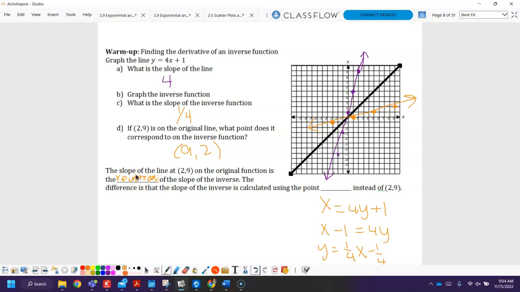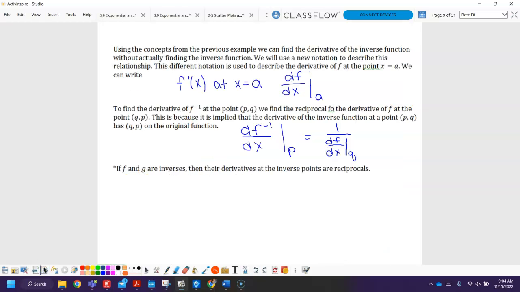The difference is that the slope of the inverse is calculated using the point (9, 2) instead of (2, 9). So that gives us our formula.